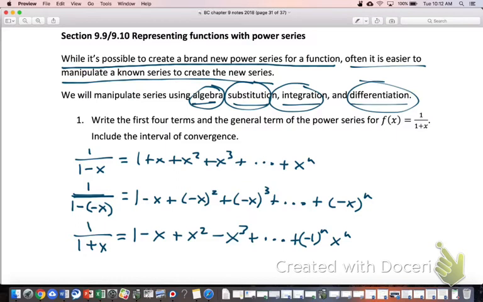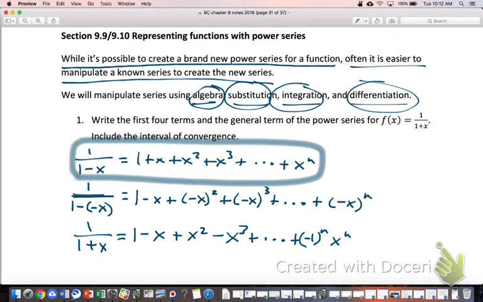Okay, good job. So then as far as an interval of convergence, let's point out a couple of things. What's the interval of convergence for this? That's negative 1 to 1, and we'll start adding those onto these four known series as well. So that's negative 1 to 1.